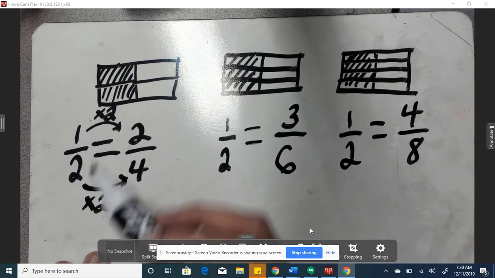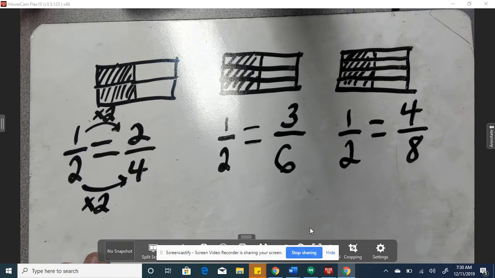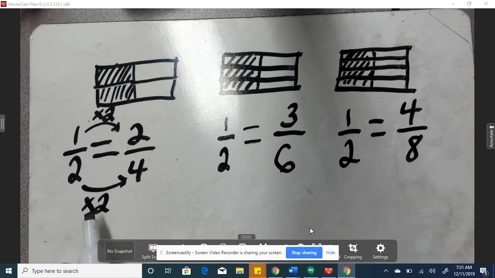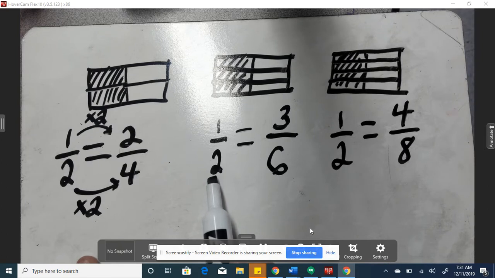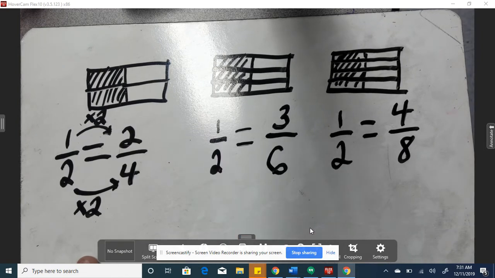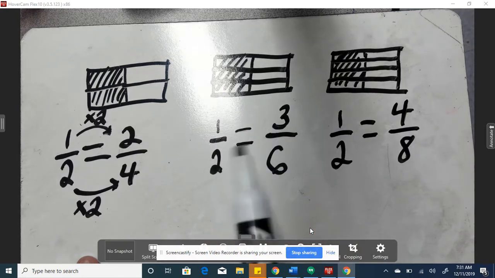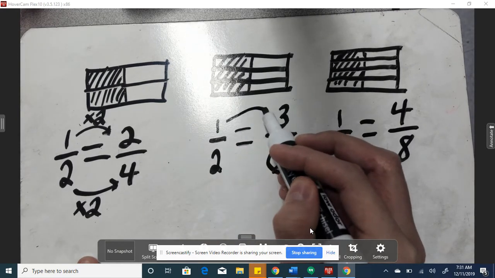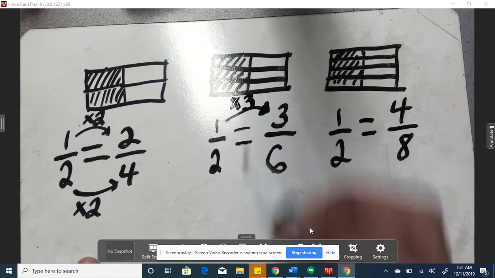If you notice, we multiplied both the numerator and the denominator by the same number. Let's see if this pattern of multiplying by the same number works for the next fraction. We started with 1/2 and we had 1 part shaded. We cut the shaded part into 3 pieces, so we have to multiply 1 times 3.